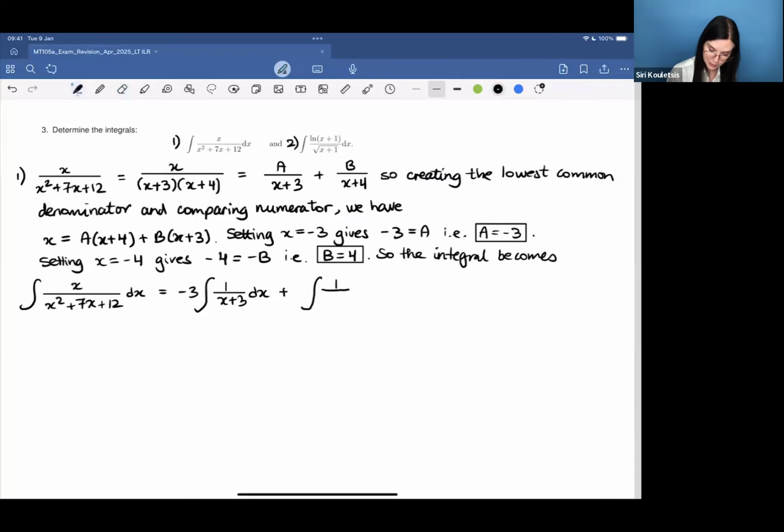Meant to write 4. And I'll give you just a few seconds to think about what the outcome of this should be.